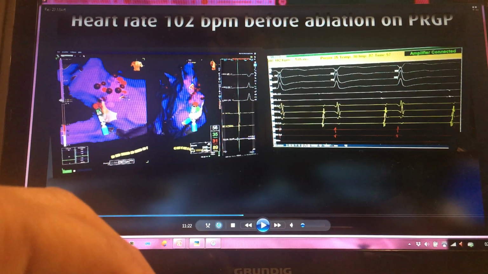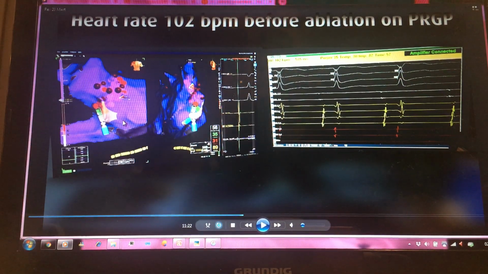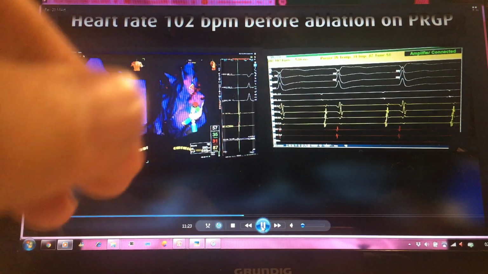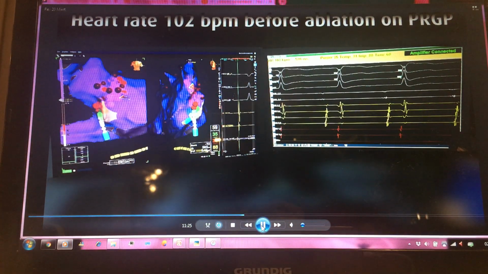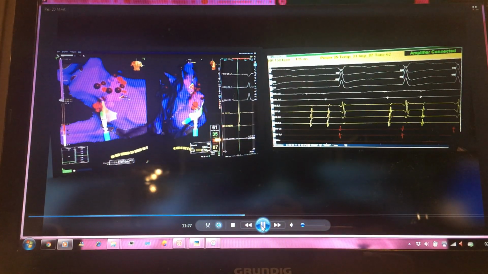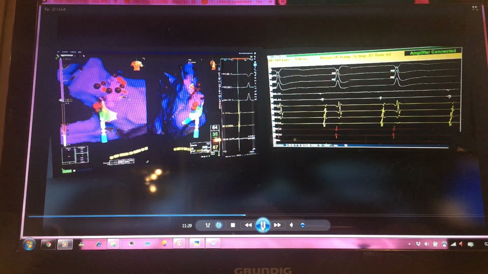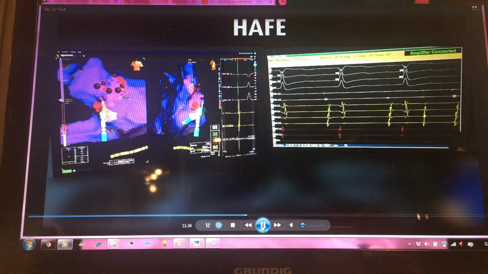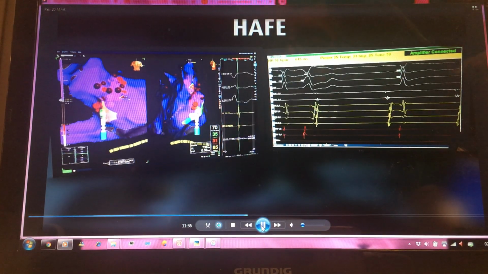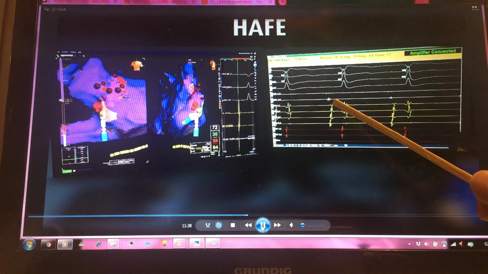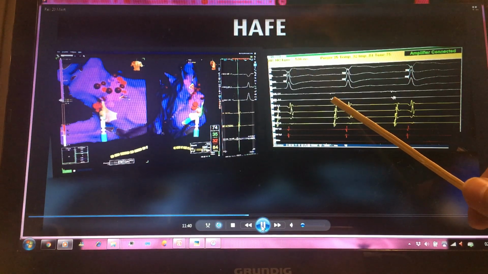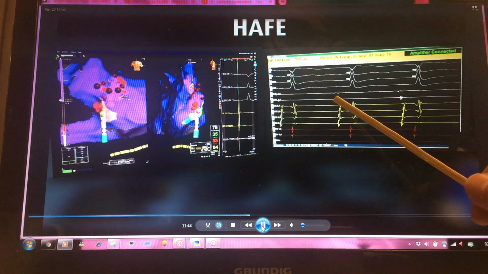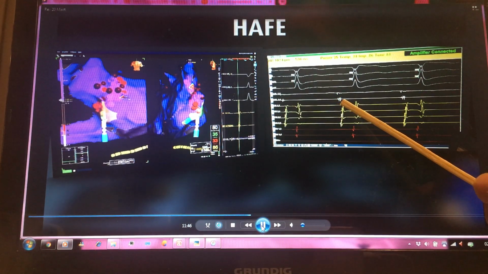Then we completed our ablation at the anterior right GP site, so we now go to the posterior right GP site again, and we will check fragmented electrograms at that site. You can see highly fragmented electrograms, high amplitude fragmented electrograms in the proximal electrode, and it will demonstrate the next target.